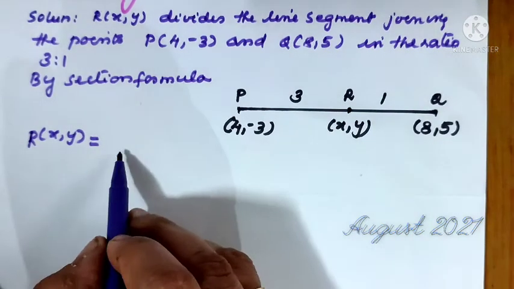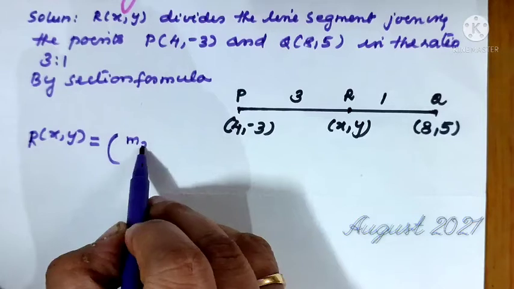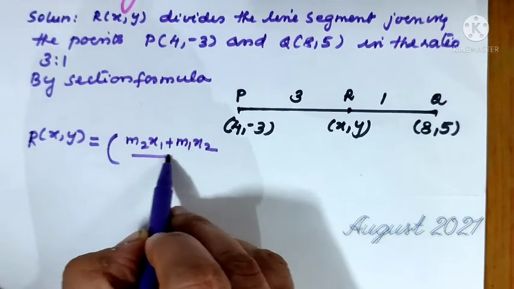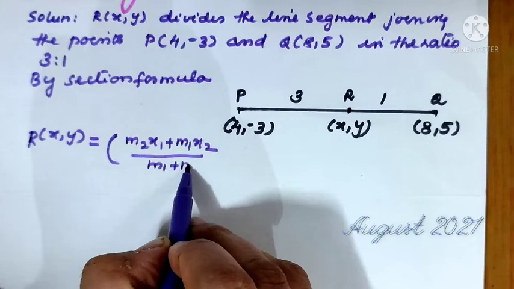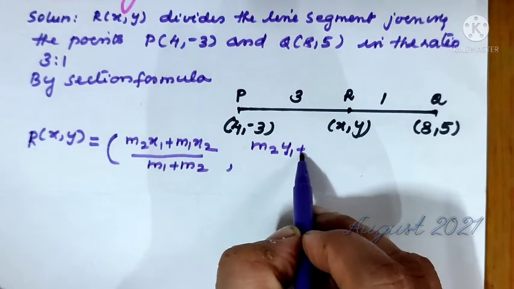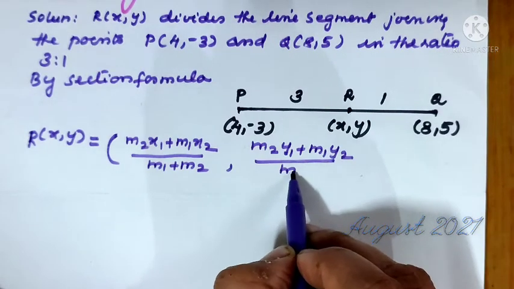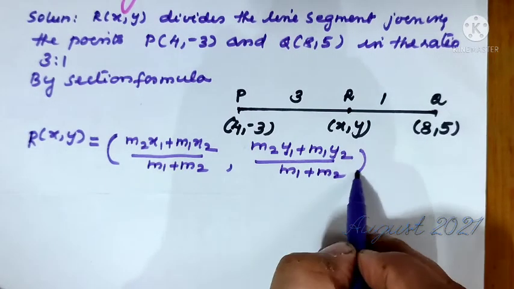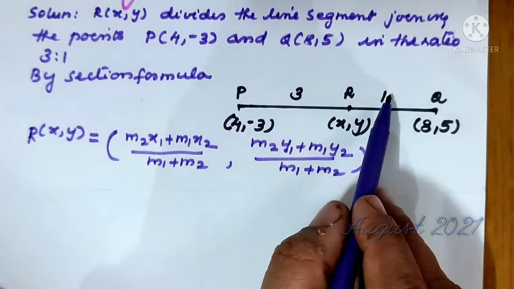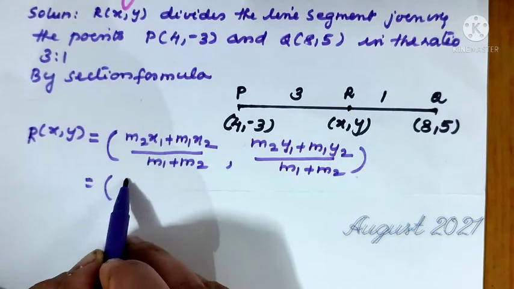R(x, y) equal to, first we have to write the formula: (m2x1 plus m1x2) divided by (m1 plus m2), (m2y1 plus m1y2) by (m1 plus m2). Now m2 means we have to write the second ratio. So the second ratio is 1.